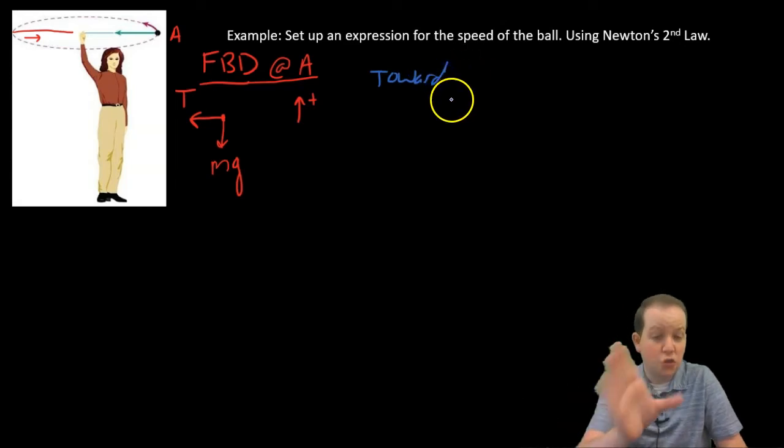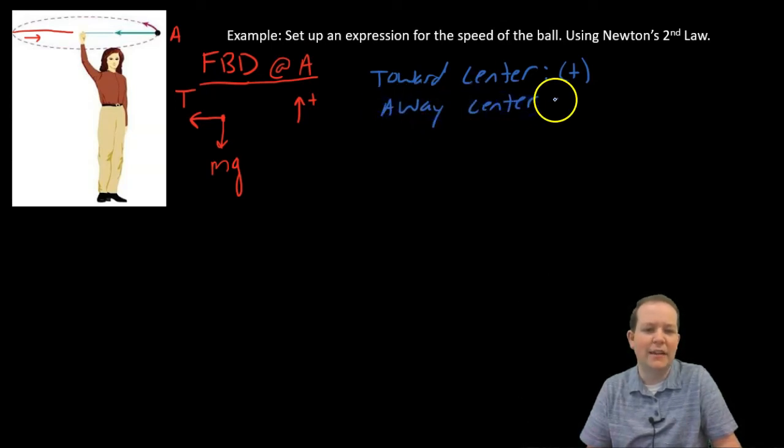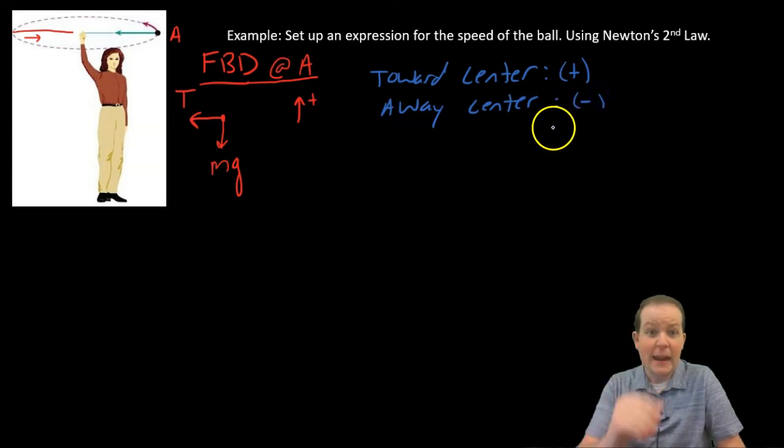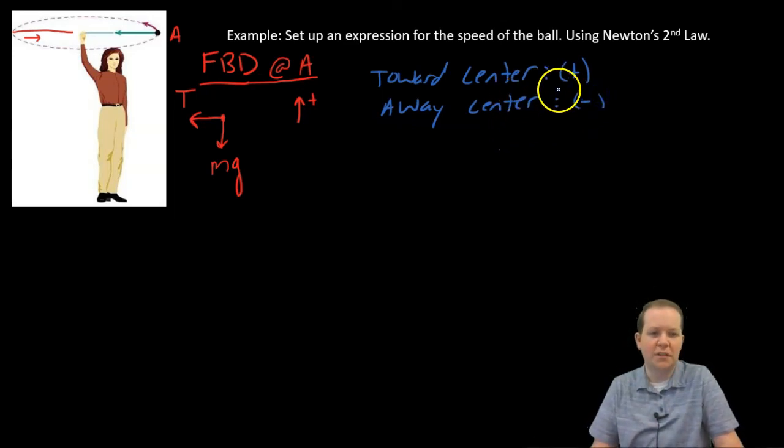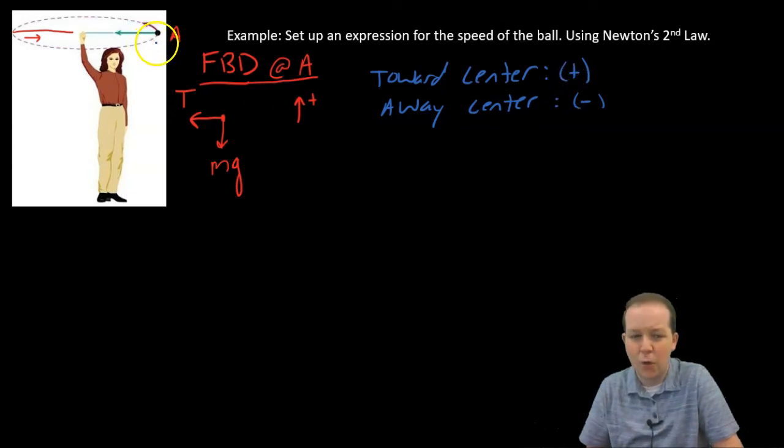Remember, in that centripetal direction, center seeking, towards the center, let's call all forces towards the center as positive, and forces that are away from the center as negative. You don't necessarily have to write this all the time, and later on, we will see examples of forces that are both towards and away. In this example, there's just the one force.